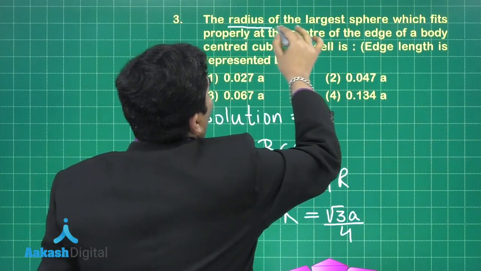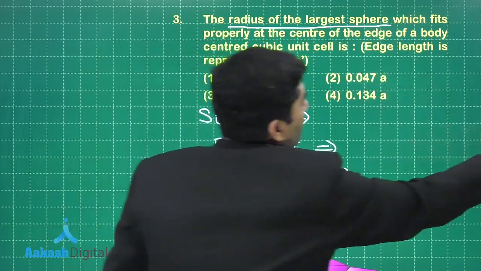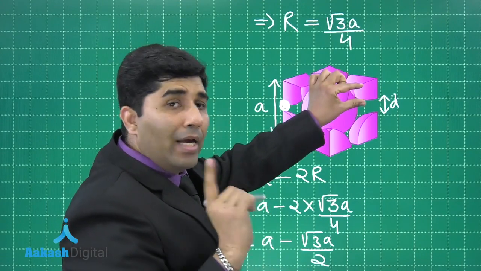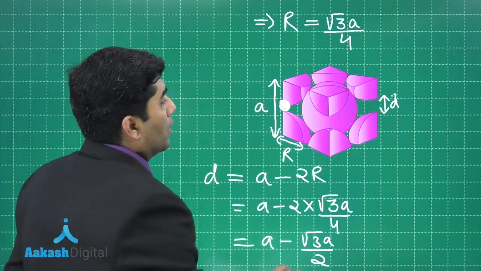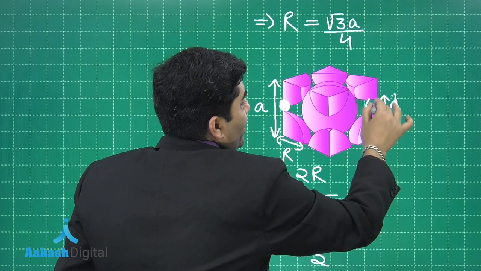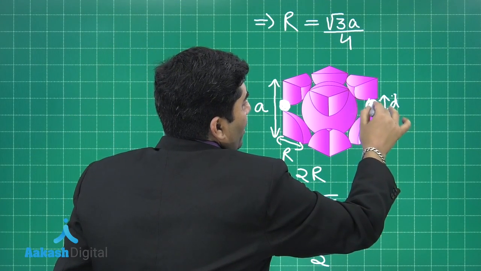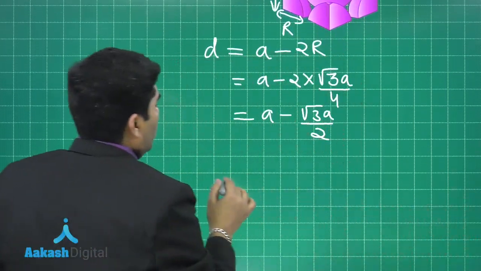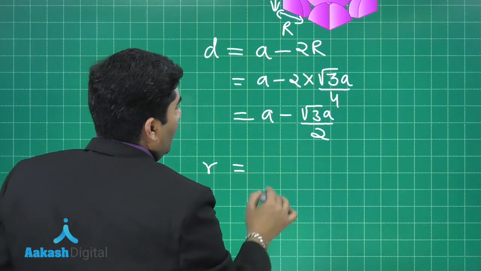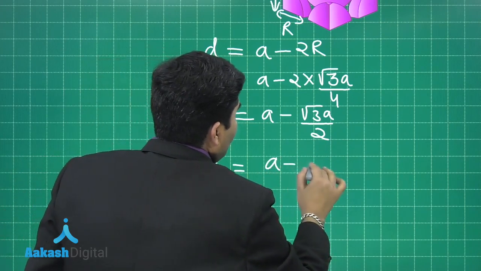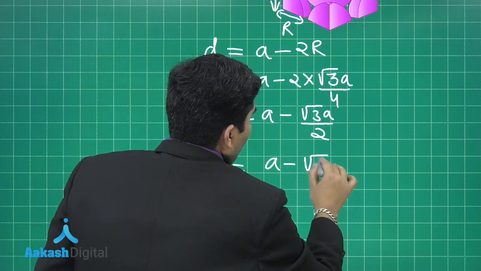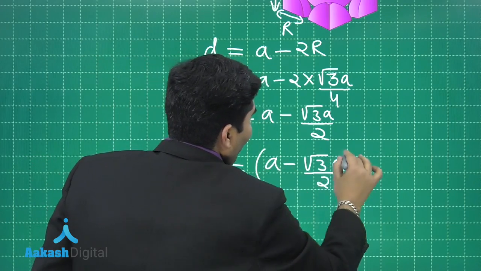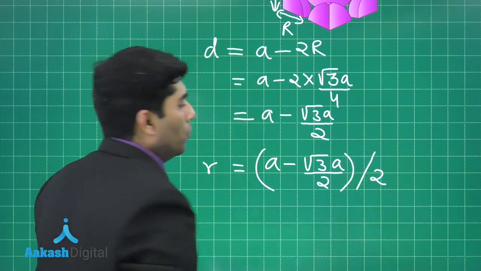The radius of the largest sphere which can fit. So this D is the diameter of this particular sphere. This is the sphere and this is the diameter. What we have found is the diameter. So the radius will be A minus root 3A by 2, whole divided by 2.